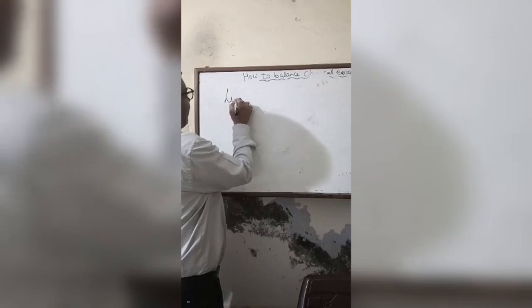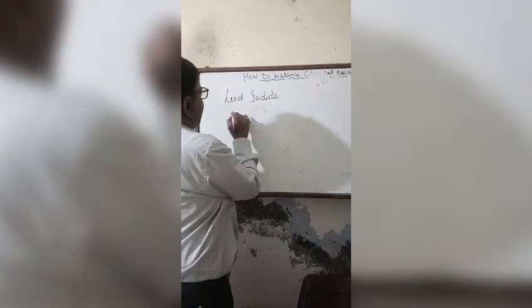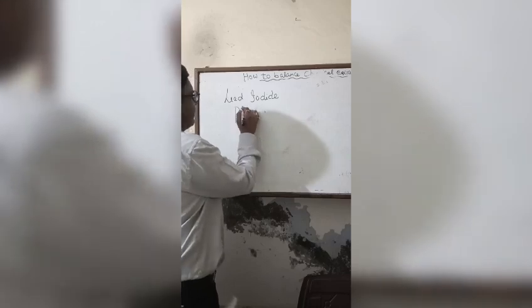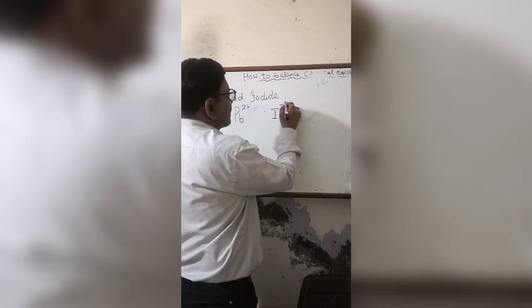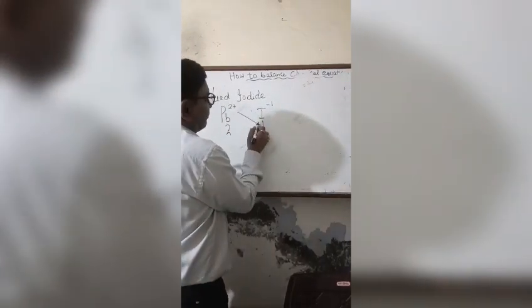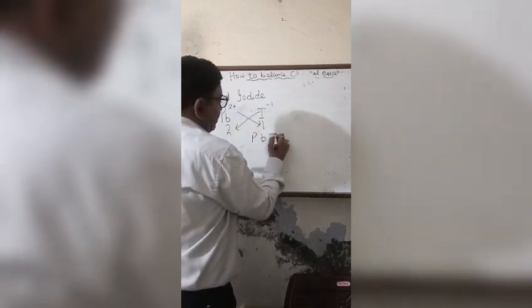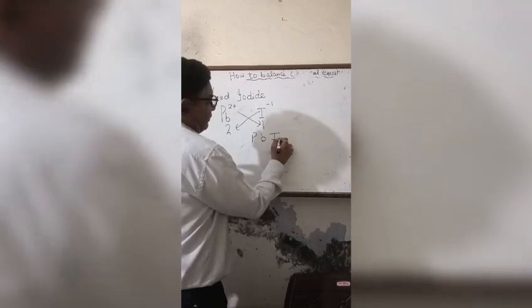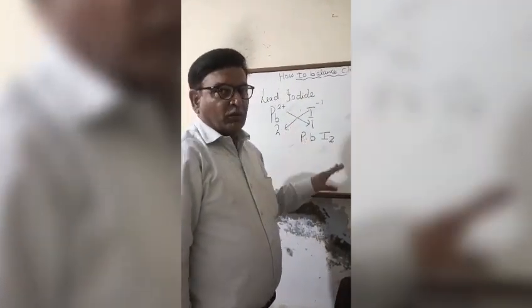For example, lead iodide. The symbol of lead is Pb, iodine is -1, right, here 2 and 1, cross multiply. But you have to learn the table of 9th class once again to regenerate the formula.